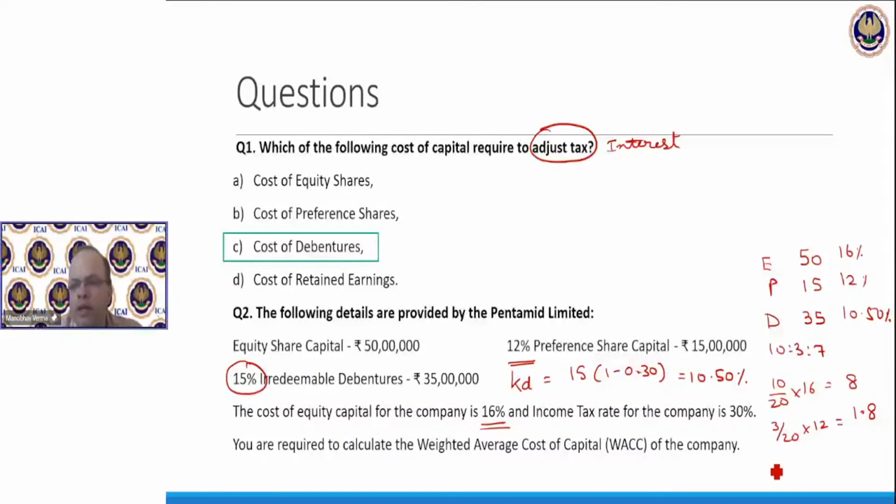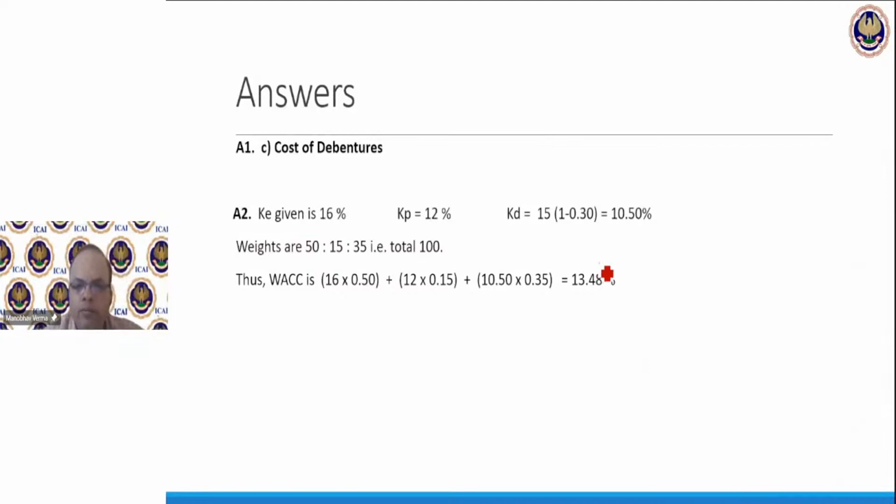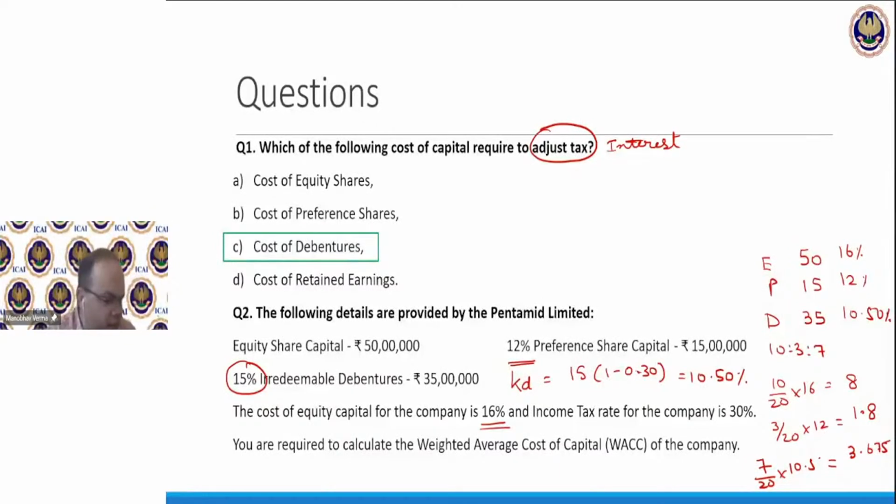And then we're looking at 10.5, so 7 by 20 into 10.5. So we're getting 3.675. So if we add them up, we are getting 13.48, right? 13.48, yeah. So guys, I hope the 2 questions are clear to everyone.